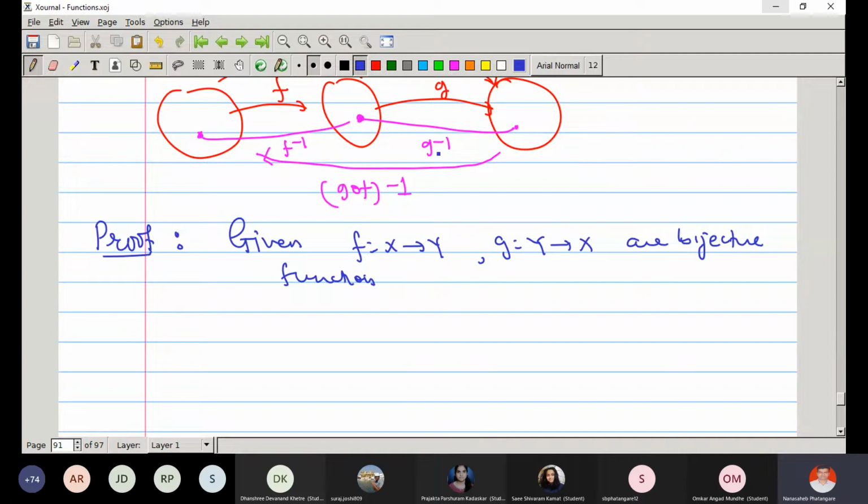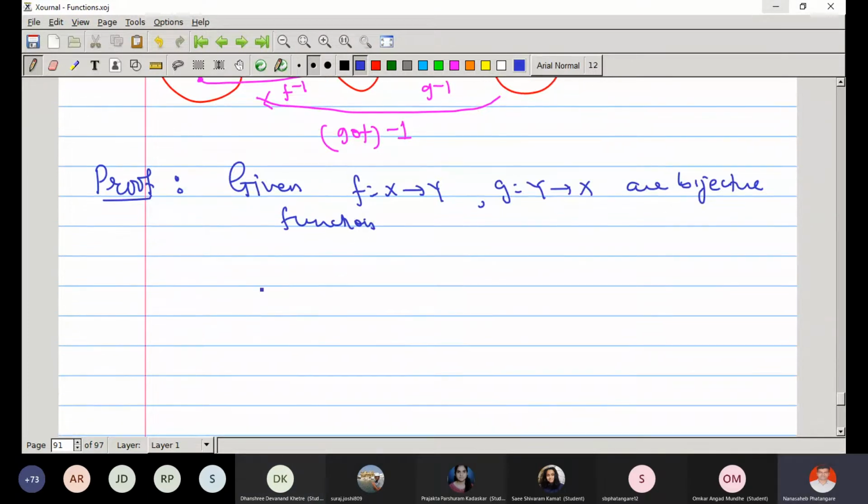But what is the guarantee that g inverse and f inverse exist? f and g are both bijective. Very good. So no doubt f inverse and g inverse exist. Therefore, f inverse from Y to X and g inverse from Z to Y exist. So the inverse functions exist.